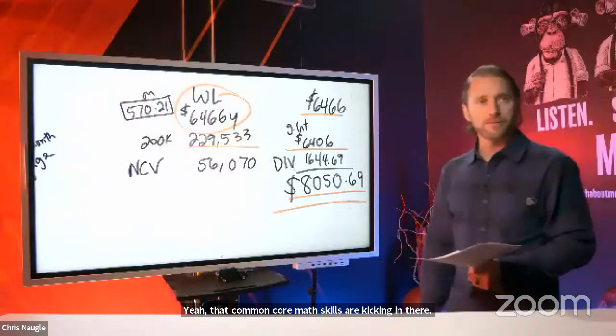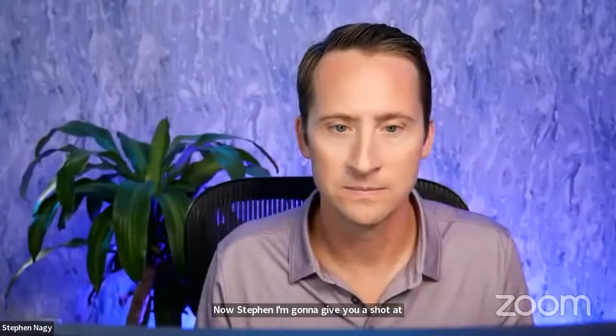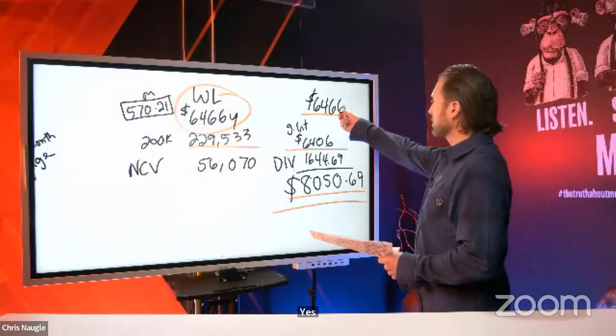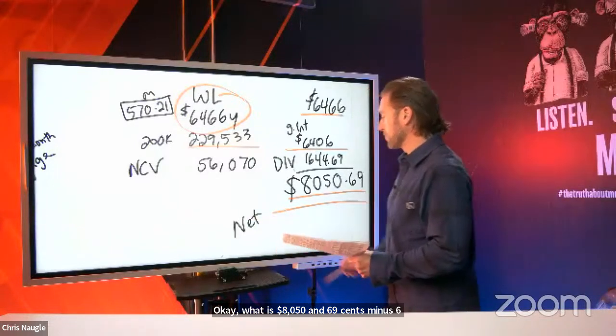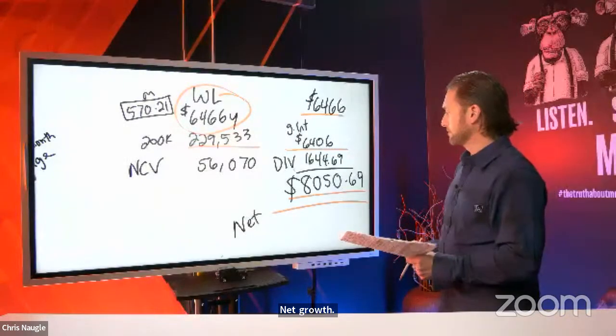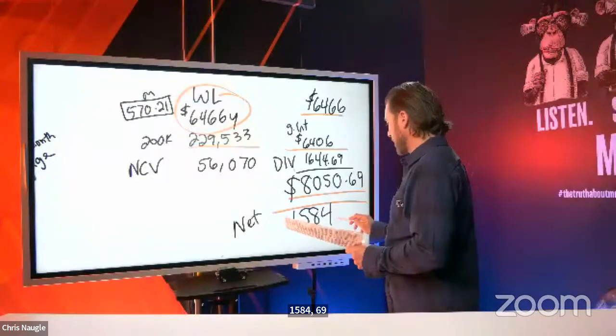So my policy grew by $8,050.69. Now, Stephen, I'm going to give you a shot at this. You got a calculator up, Stephen? Yes. Okay, what is $8,050.69 minus 6,466? I want my net growth. 1,584.69.